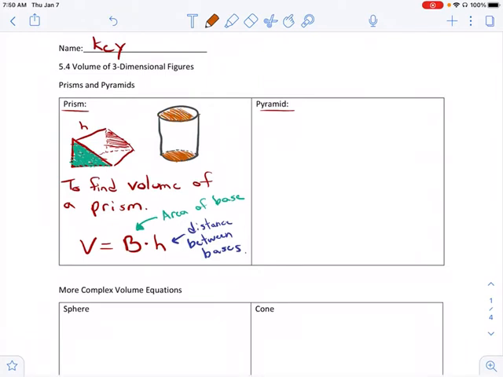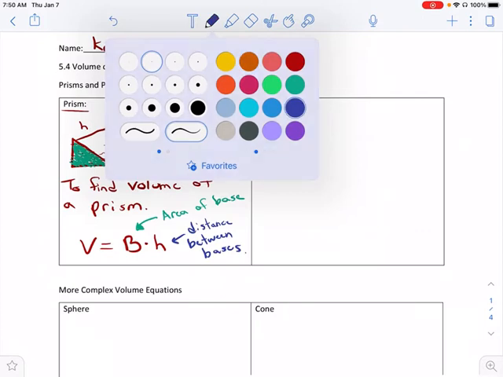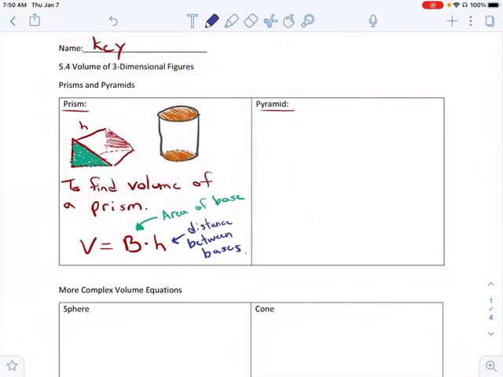So finding the volume of a cylinder is basically the exact same thing. We won't even talk about it from a separate standpoint. It would just be figuring out the area of the base, the area of one of those circles, and then multiplying it by the height of the cylinder. Okay?